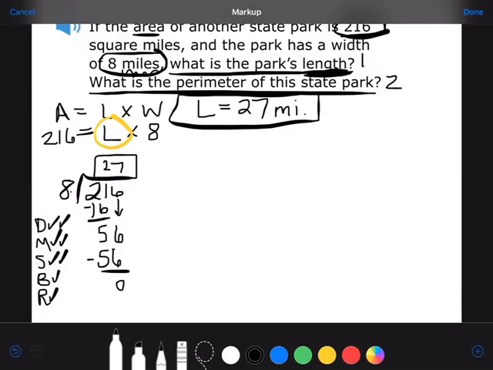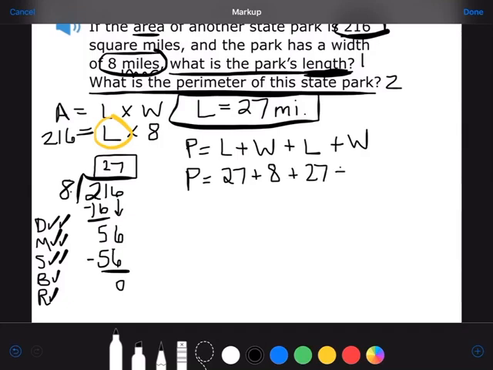Now they want us to tell the perimeter of the state park. Well, I know that perimeter equals length plus width plus length plus width. I know that my length is 27. They told me my width is 8, plus the 27, plus the 8, because it's 2 sides for length and 2 sides for width.